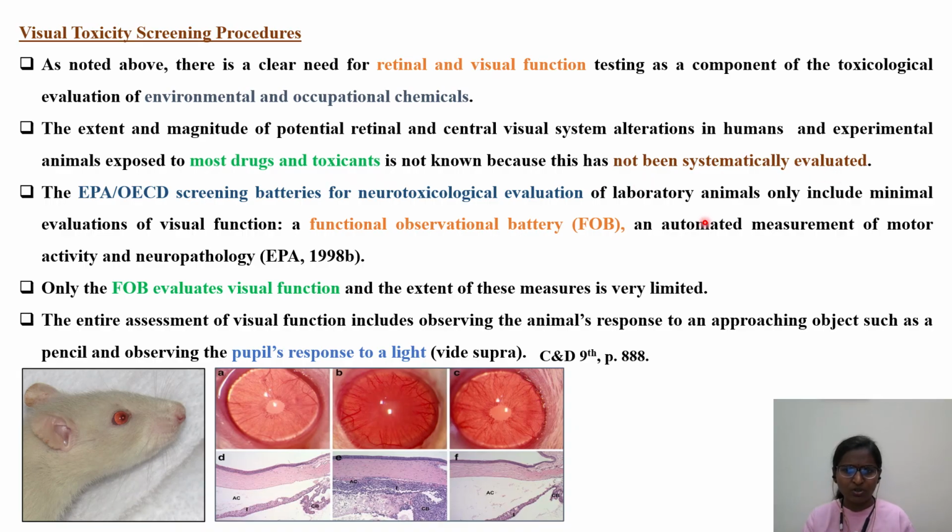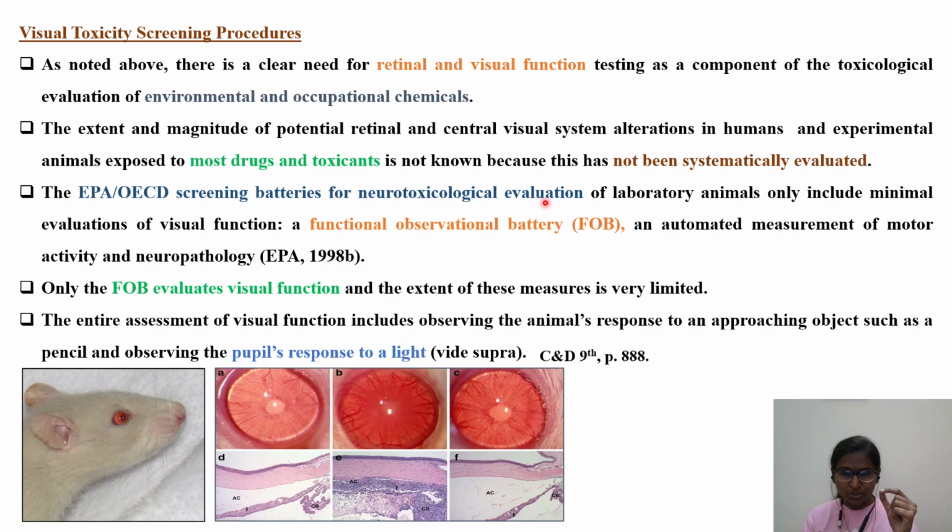Still there are no proper methods established to check the extent and magnitude of potential retinal and central visual system alterations in humans as well as experimental animals. The EPA and OECD, Environmental Protection Agency and Organisation for Economic Co-operation and Development, screening batteries for neurotoxicological evaluation, as I told you, is a part of CNS.